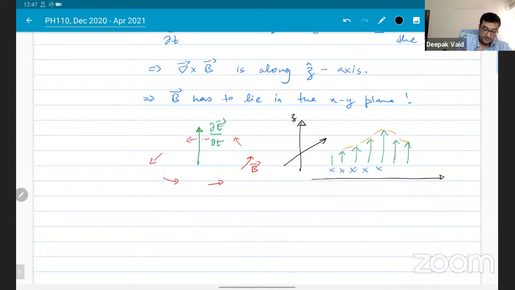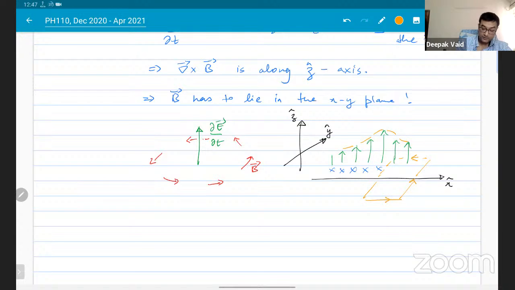This is the z-axis. This is the y-axis. Now I make a loop which lies in the xy plane, because the magnetic field lies in the xy plane. What does the loop look like? It looks like this, let's say. This is a closed loop.